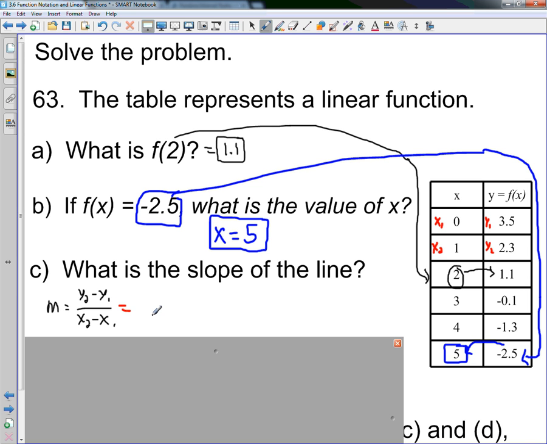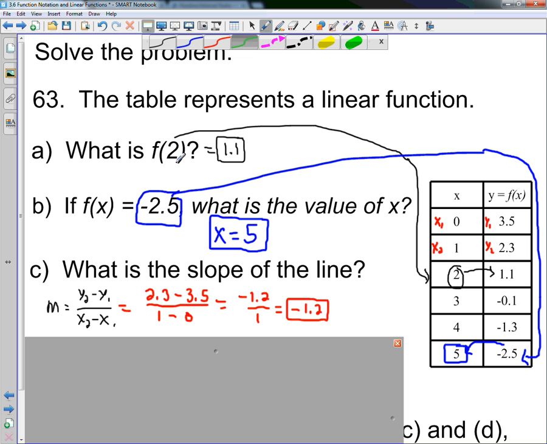So y2 is 2.3 minus y1, which is 3.5, divided by x2 minus x1. So that gives me negative 1.2 divided by 1, which gives me negative 1.2 as our slope. So anytime you have a table of values and it's told that it is linear, then you can use the slope formula.